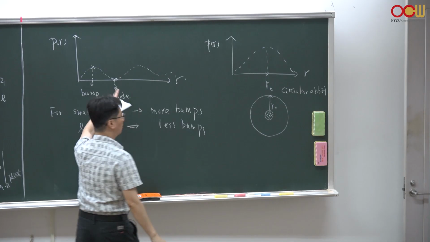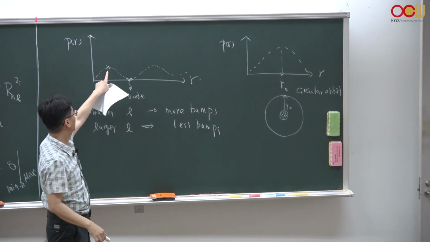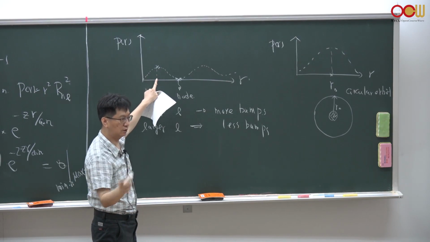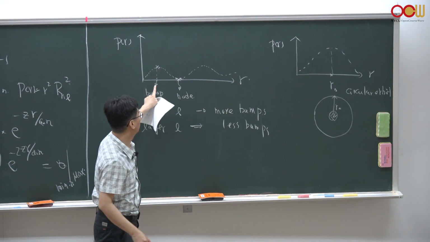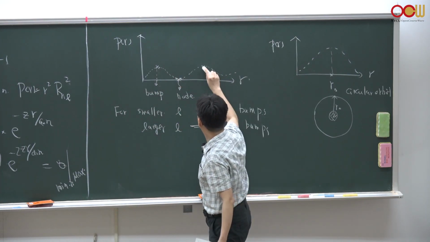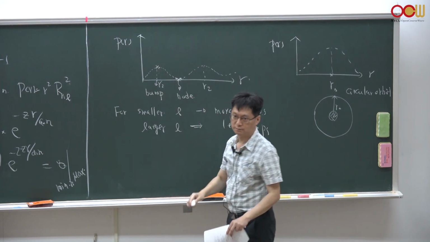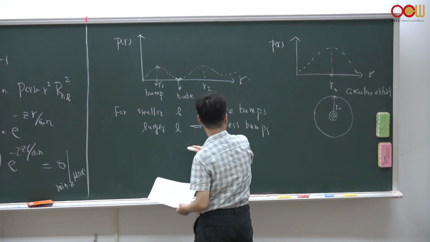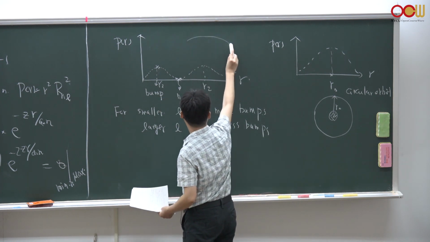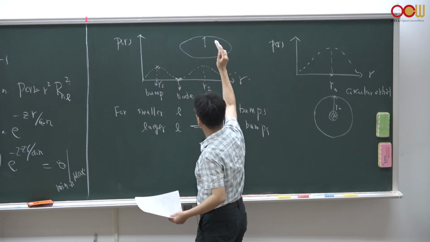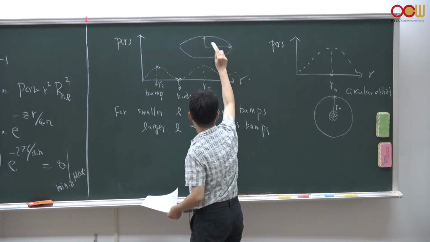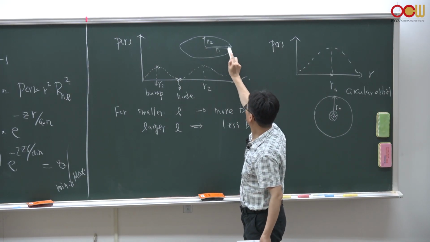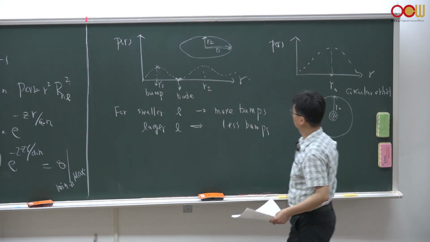However, if you have more bumps, it means that you have the maximum probability of finding this particle circling around in a particular orbit with some radius. If you have two bumps, you have two possible radii with the maximum probability, which means that your orbits may be more like an ellipse, because you know that for an elliptical shape of orbit, you have two possible radii: a longer radius R1 and a shorter radius R2.